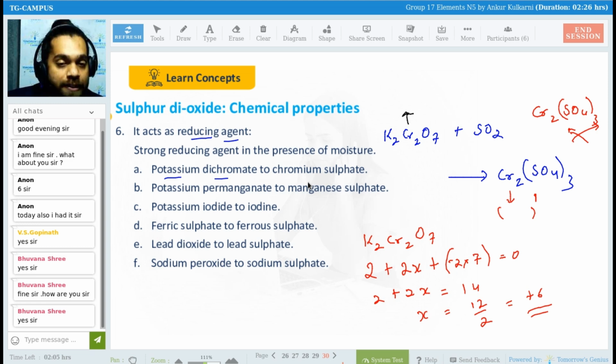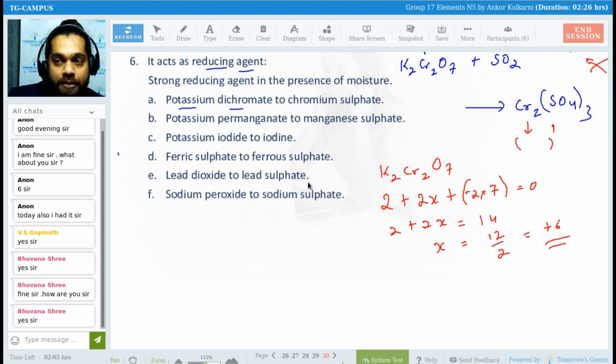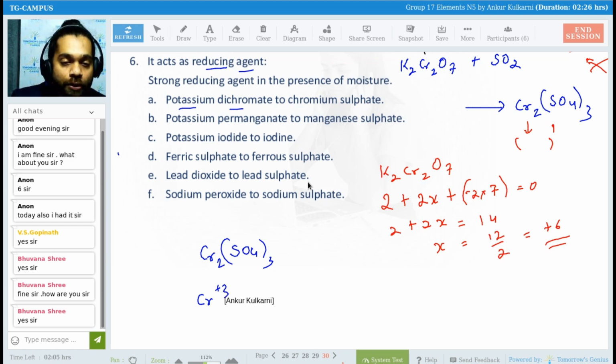I have 2 Cr and 3 is the charge. So Cr plus 3, 2 will go on SO4, SO4 minus 2. I have 2 Cr, I have 3 SO4. So what is the charge on chromium? The charge is plus 3.